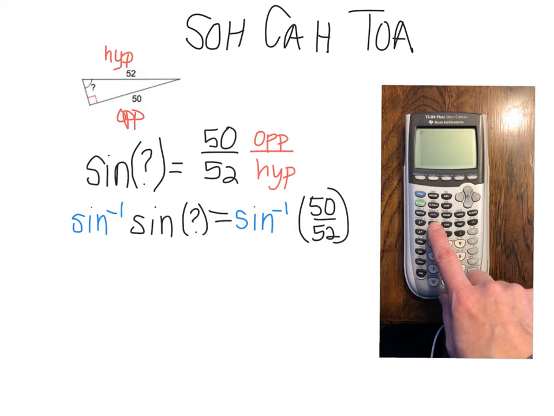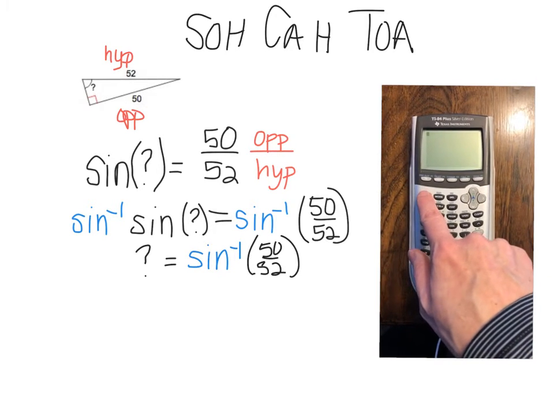And what happens is the sine inverse and the sine undo one another, meaning they cancel each other out. So what I am left with on the left-hand side is just the angle I'm trying to solve for, that question mark. So that question mark equals the sine inverse of 50 over 52. So let's look at how we type that into our calculator.